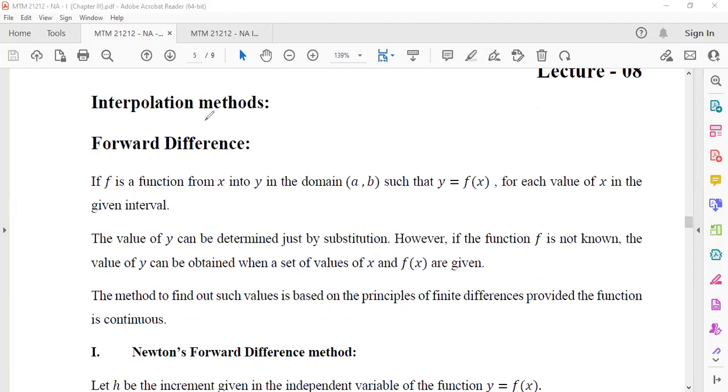In the interpolation methods, I have divided them into those for equal distance and those for non-equal distance. For equal intervals of x, we are going to study the forward differences, and for the unequal ones, we can study the other method.